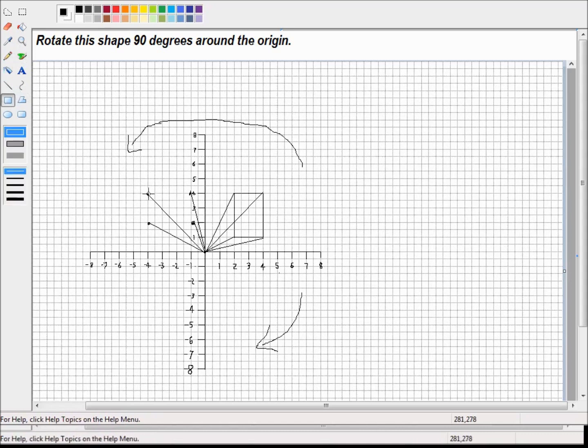Okay, so my rectangle will look like that. If I were to erase the guidelines, it might look clearer.